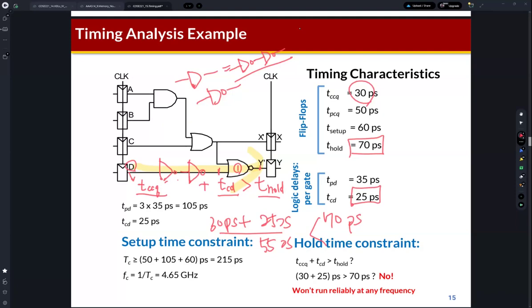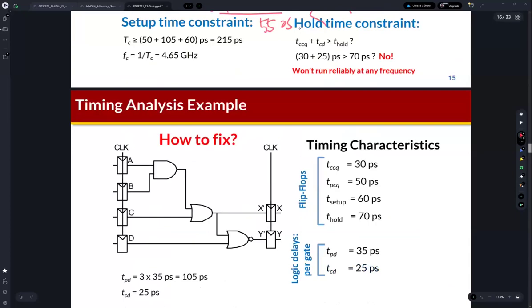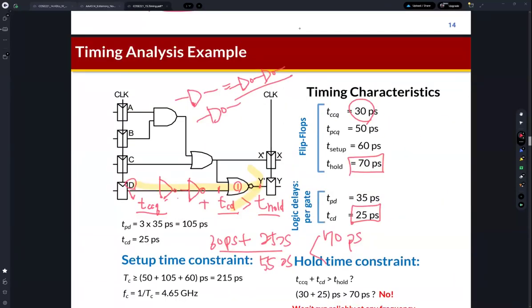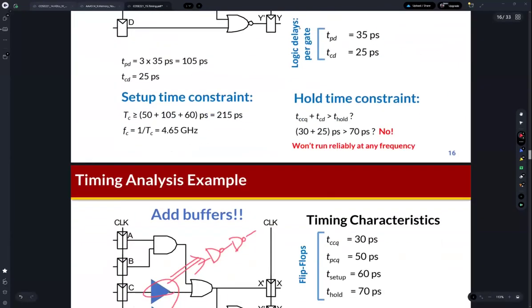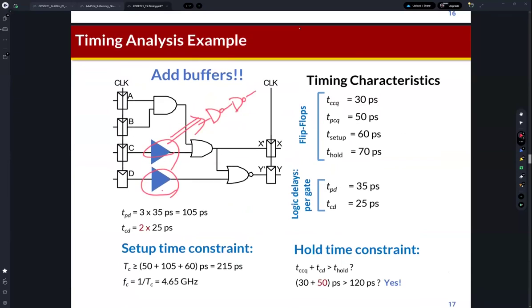Also, the CAD tool analyzes the minimum delays between the flip-flops, and if the minimum delays violate the hold time constraint, the CAD tool adds the buffers.